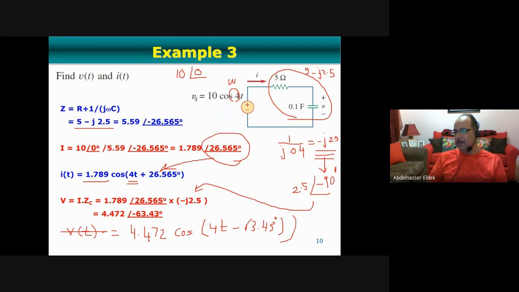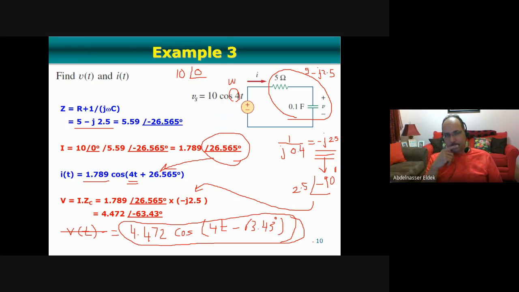That's it. So this is the voltage across the capacitor. Done. Very easy.